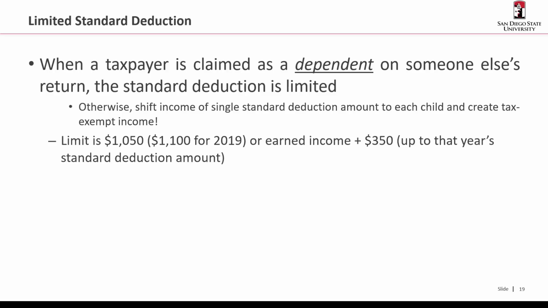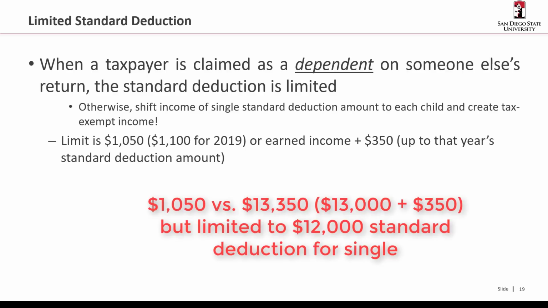But let's say, on the other hand, you were really lucky and had a really great job and you actually earned $13,000 in wages that year. Well, first, the limit is $1,050. You take your earned income, $13,000, plus $350. That's $13,350.